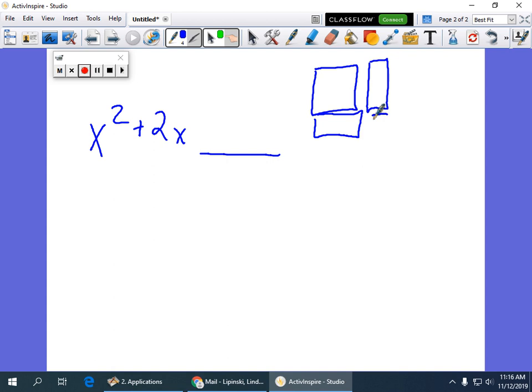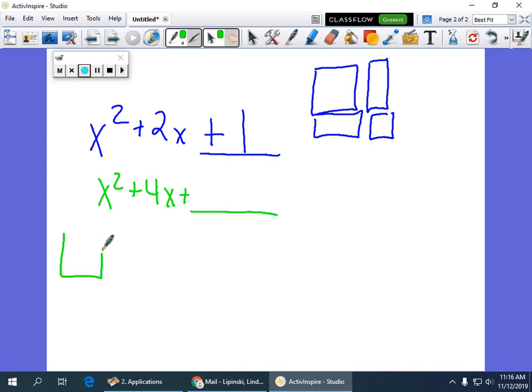I need one constant. So this would be plus 1. I'm going to do the next one. Same thing. I'm going to draw the picture for you. It says x squared plus 4x plus blank.